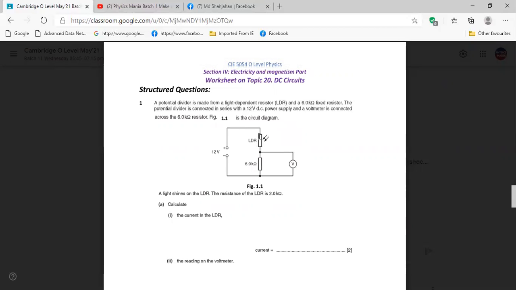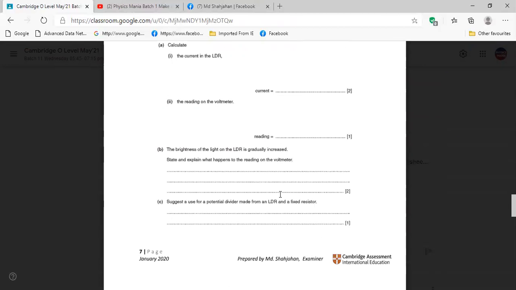If it has less voltage share, then the 6 kilo ohm will have more voltage share. So your voltmeter reading will increase, right? Yes, sir. The voltmeter reading will increase as the resistance of the LDR decreases.